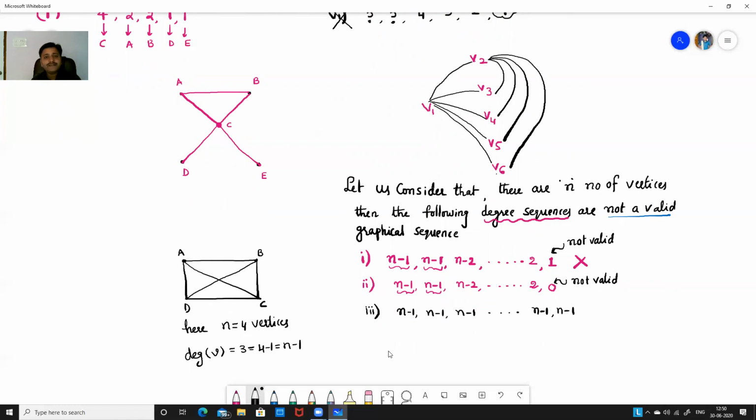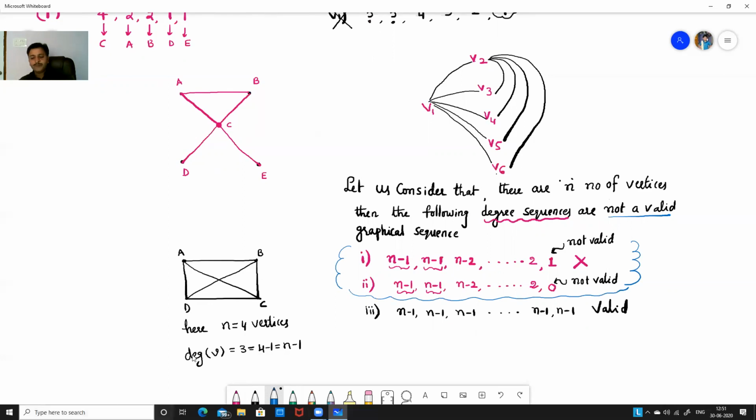So this is a valid sequence, right? In fact, it forms a simple graph with the maximum number of edges. Therefore, it is a valid sequence. Please remember these key points. Here, only the first two are invalid. First two are invalid. Please remember that.